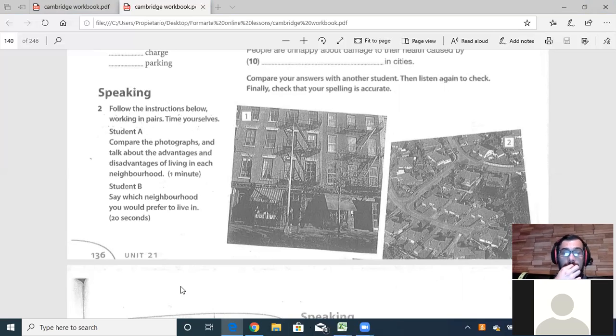And in number two, there is more nature than in number one. And I think that one advantage of living in picture number one would be that the people don't have to walk a long distance to go to the other place.